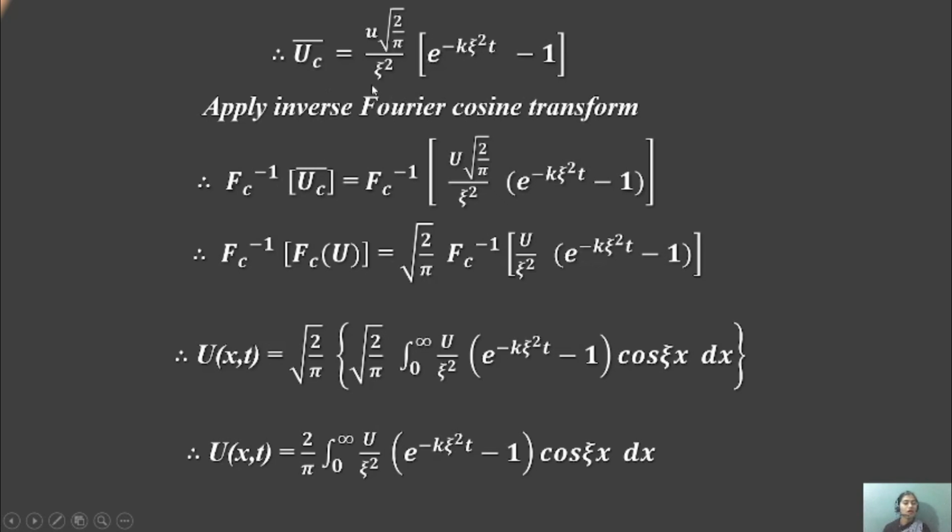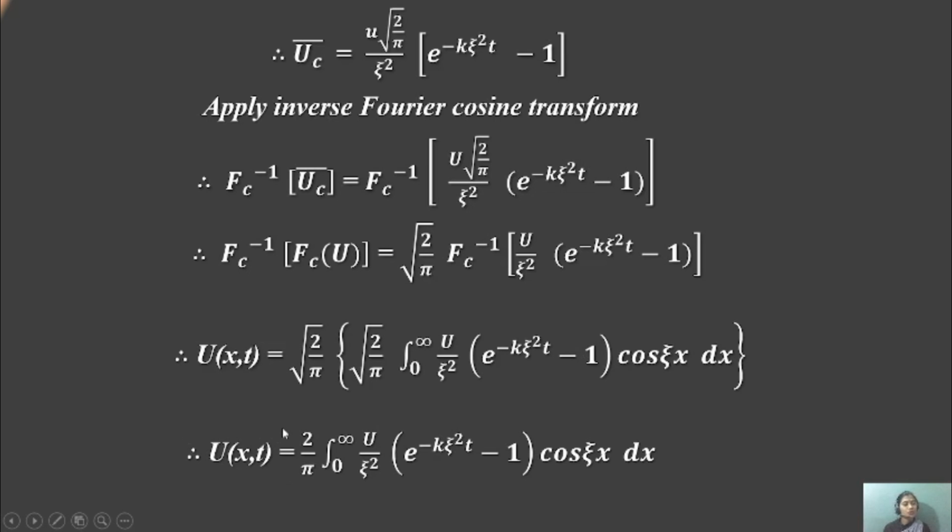Put this value in and solve the equation of the form F c inverse of u c star equals F c inverse, considering the form that will be generated for uc star. Then on this side is a constant, all common to the equation, uc, u xi square multiplied, with e to the power minus k xi square t minus 1.